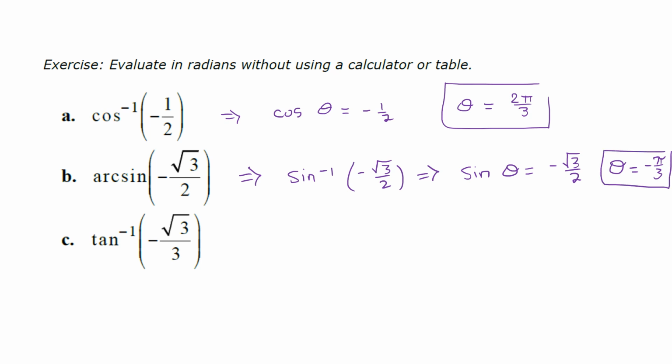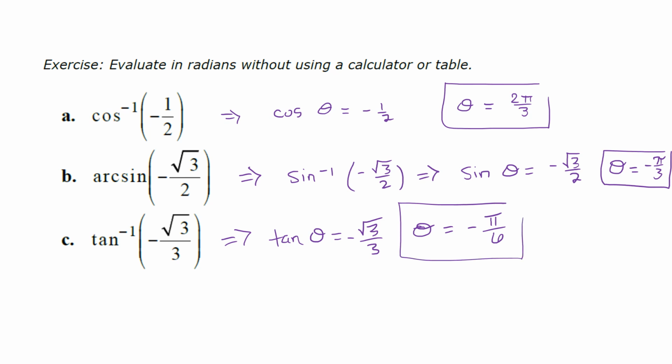Okay. And then we have the inverse of tan of -√3 over 3. This means we're trying to find theta, whose tangent is -√3 over 3. So for tangent, our restriction is between -pi over 2 and pi over 2, exclusive. So theta then will be -pi over 6. Okay, and you can use the unit circle to help you if you would like.